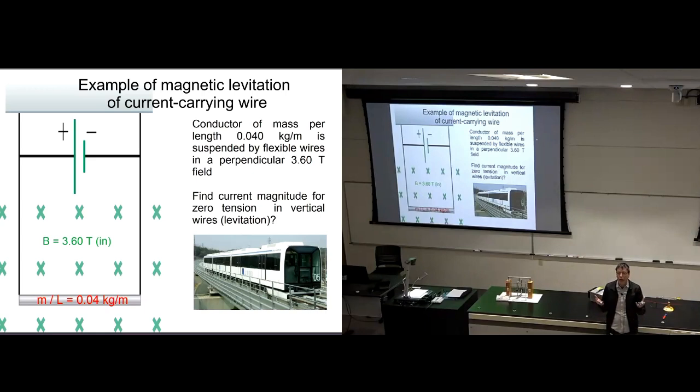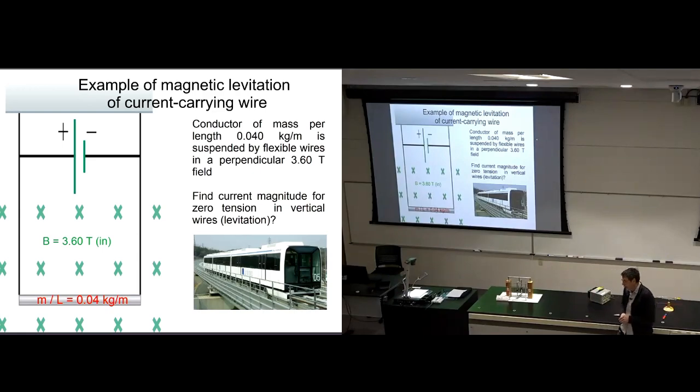We can make an object float in the Earth's gravitational field with an additional magnetic field. That's magnetic levitation. And here's a simple example where we're going to think about floating a wire in a magnetic field where the magnetic force is supporting the wire rather than using physical support, so cables to support the wire. So this is magnetic levitation.